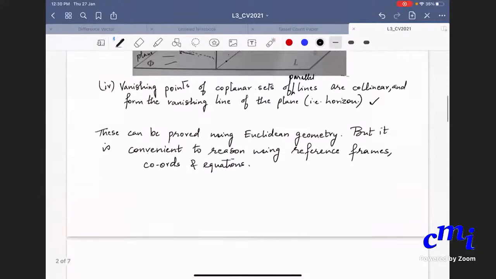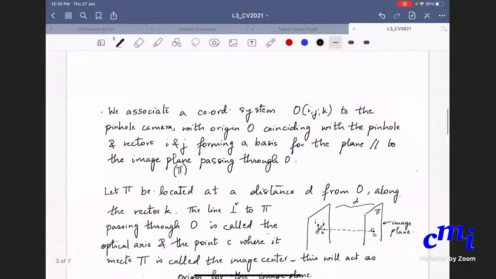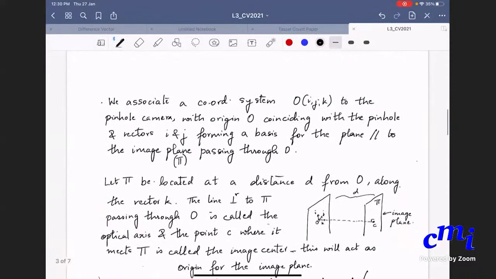It's written down properly here. I have another image. We associate coordinate system OIJK to the pinhole camera like this. This is what I was trying to draw. This is your camera plane, and the origin coincides with the pinhole.